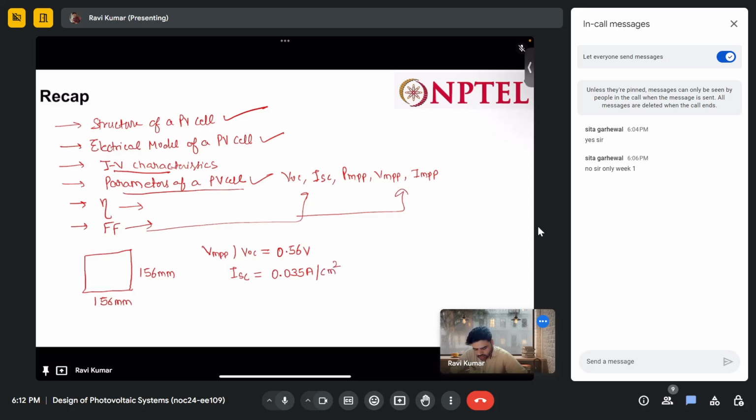You can convert it by multiplying with 15.6 by 15.6 centimeter square. Using this you can calculate, it should be around 7 or 8 ampere. So this is the standard output of a solar cell. So let's say 0.56 volt and 7 to 8 ampere is the standard output of a solar cell.